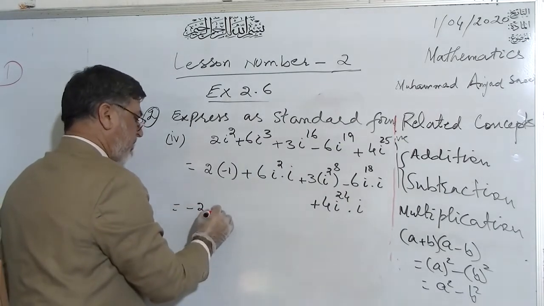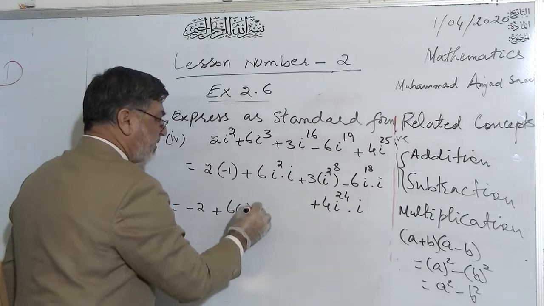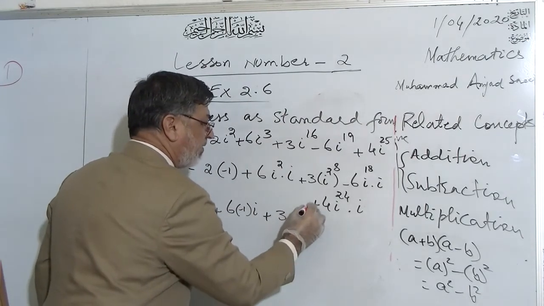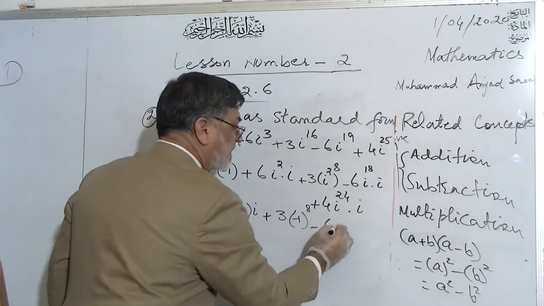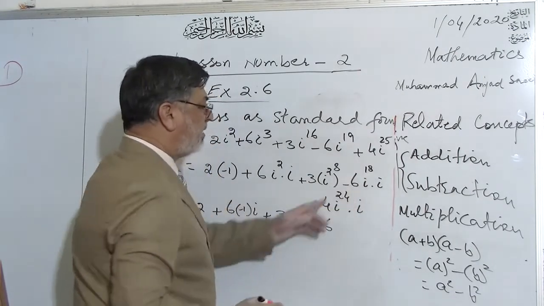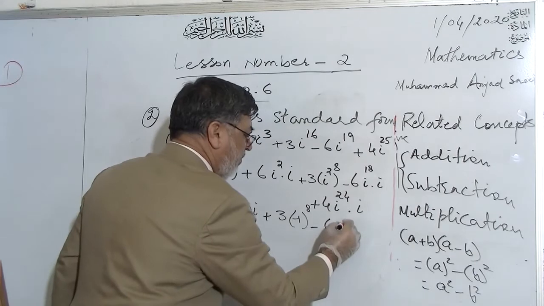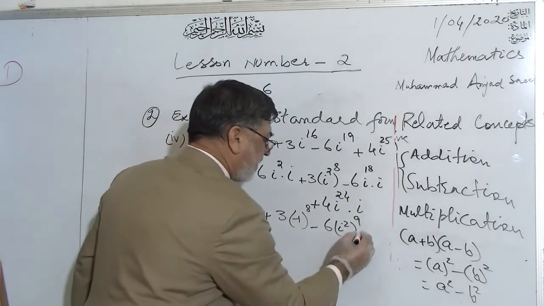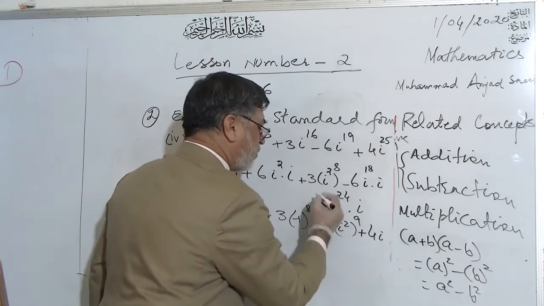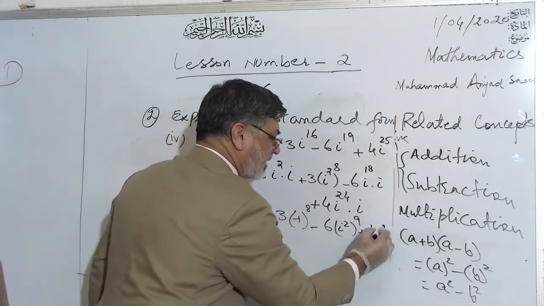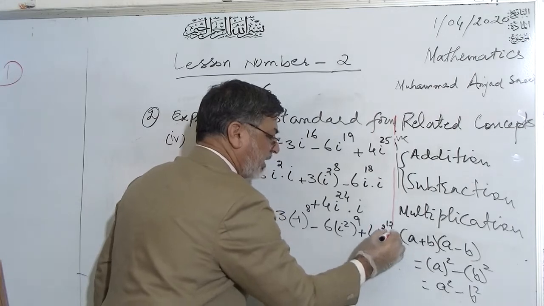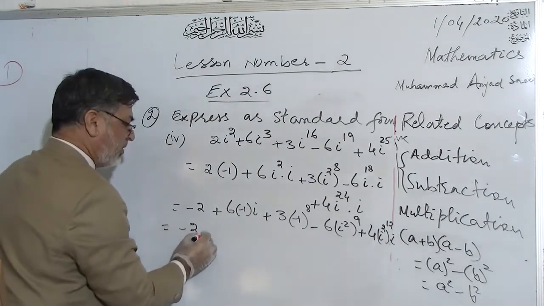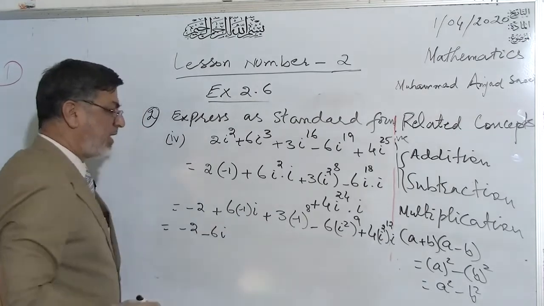Minus 2 plus 6 into minus 1 iota plus 3 into minus 1 power 8, minus 6 into iota 18, which means iota square whole power 9. Similarly, plus 4 iota 24, which means iota square whole power 12, into iota. So in this way, minus 2 minus 6 iota.